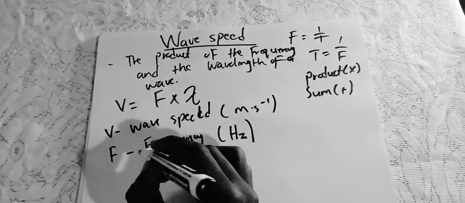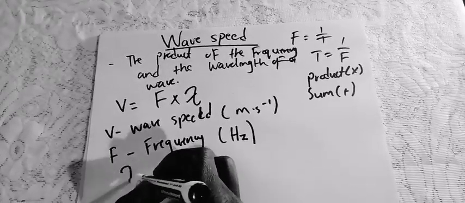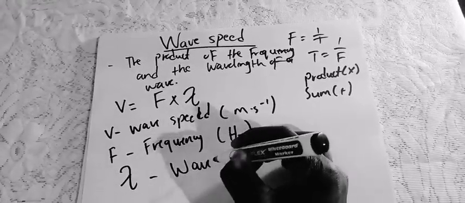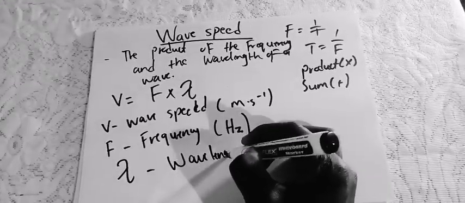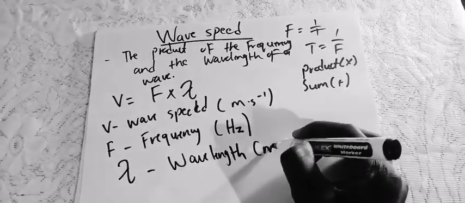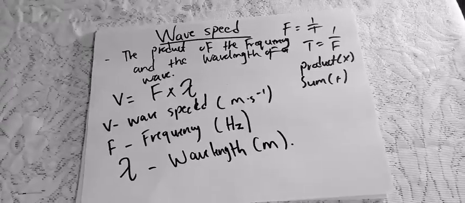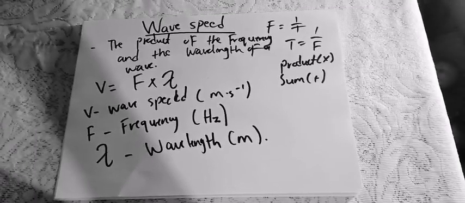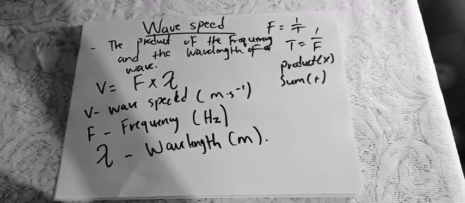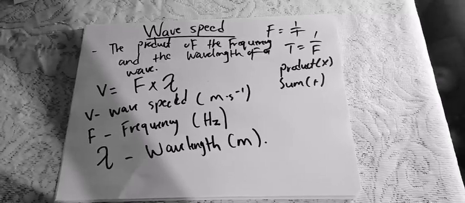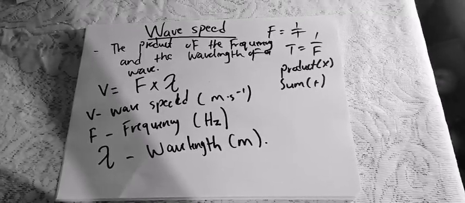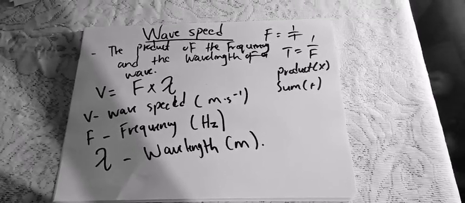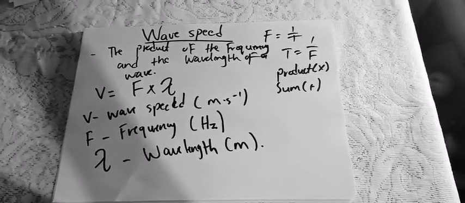Wavelength is always measured in meters. So you get the wave speed by multiplying the frequency and the wavelength of a wave.